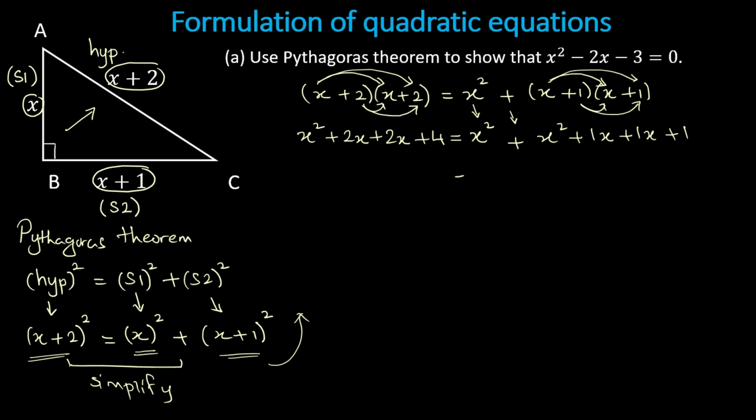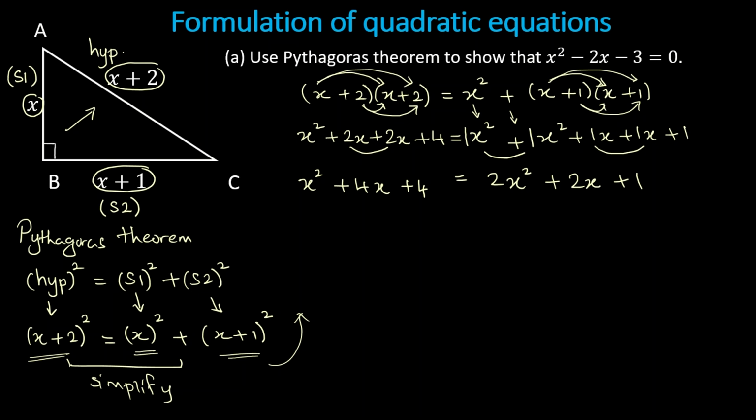Now we simplify. Here we have x squared plus 2x plus 2x is simply plus 4x, then plus 4. Here we have 1x squared, again we have 1x squared, 1x squared added with 1x squared gives 2x squared, and here plus 1x plus 1x is plus 2x, and the last term plus 1, right?